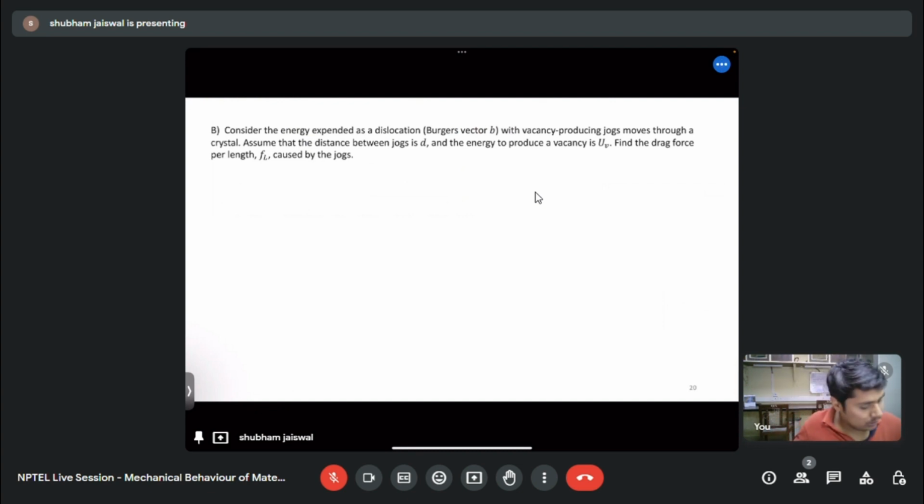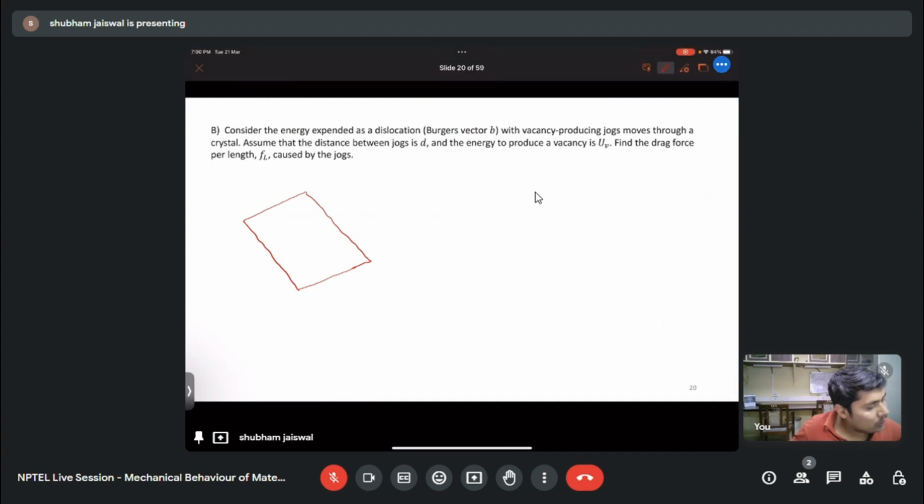Okay. I will draw a diagram for you. Let's say this is my plane. Let's say this is my jog, with the distance between jogs, let's say this is distance d.